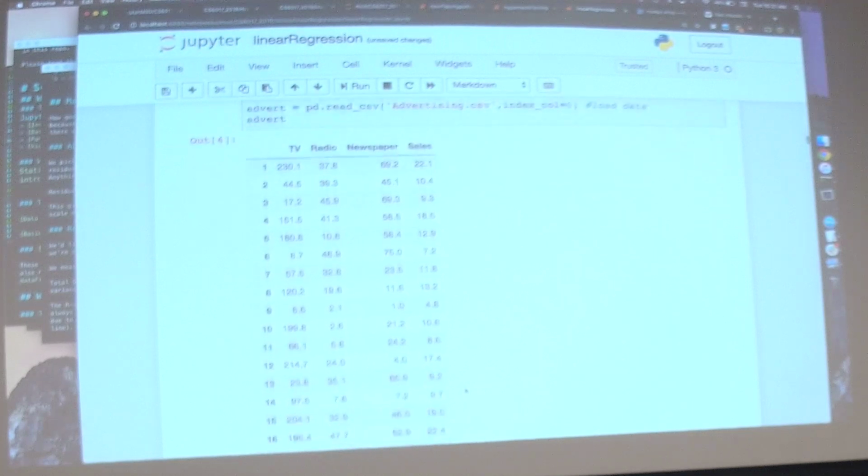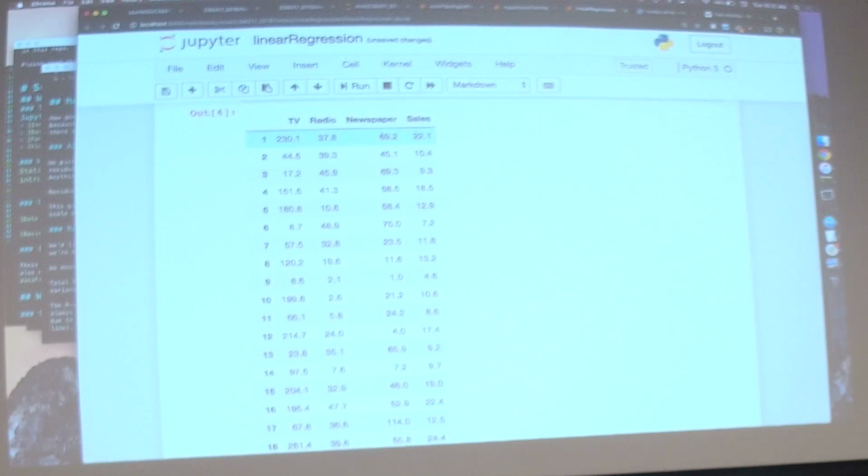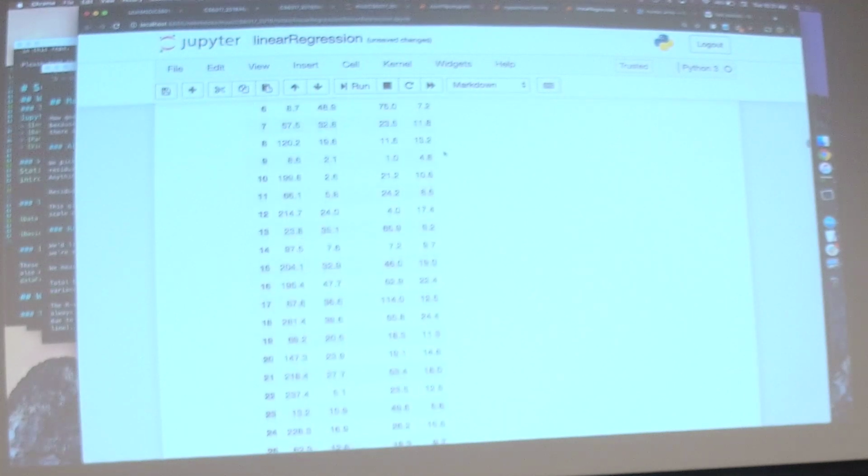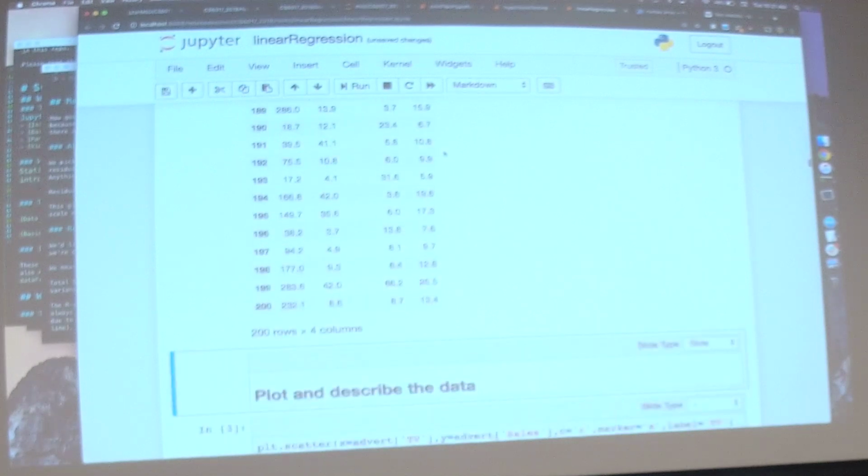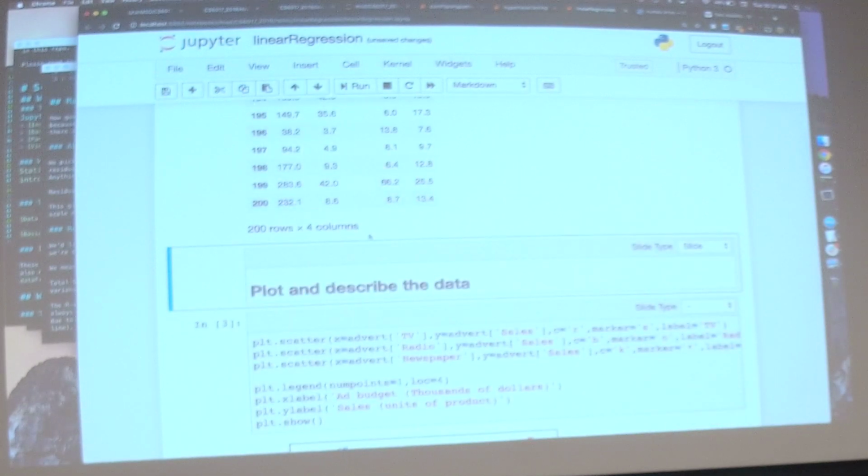So for this campaign, they spent a lot on TV, much less on these two, and then these sales. So this is the data we're working with. So 200 ad campaigns worth of data.